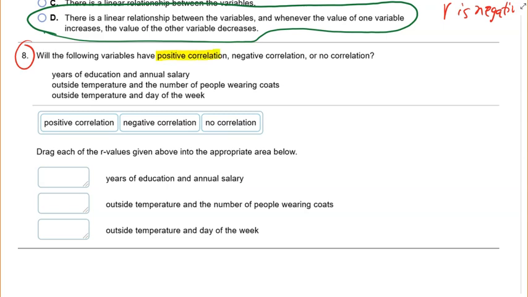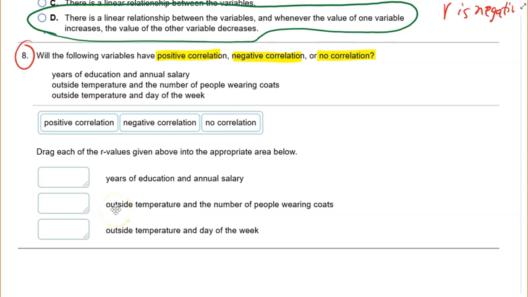By the way, if you have trouble dragging, just drag this box by itself, make it bigger using this corner, and drag the option into the bigger box.